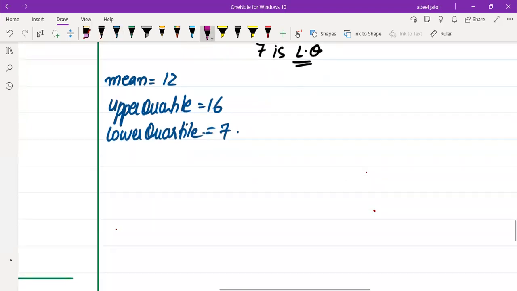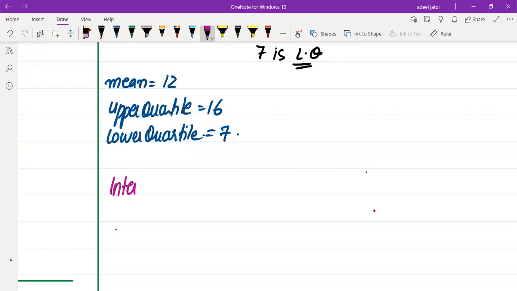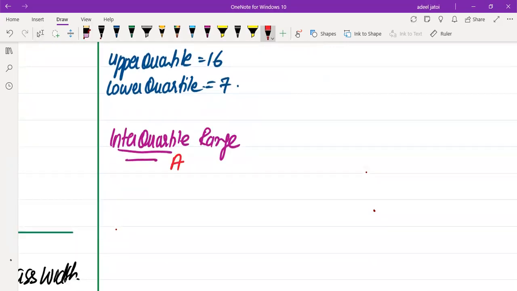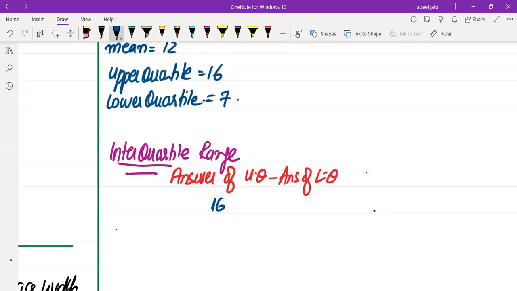The question states, find the interquartile range. Now, what is the interquartile range? It is the answer of the upper quartile minus the answer of the lower quartile. The upper quartile was 16 and the lower quartile was 7.